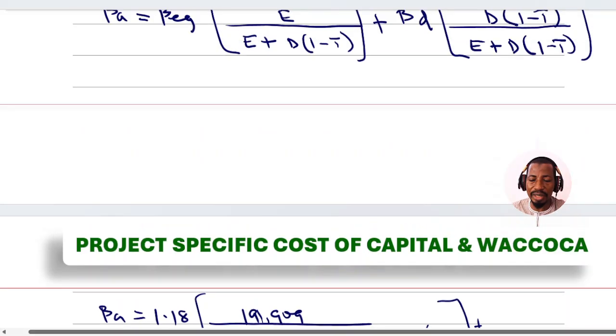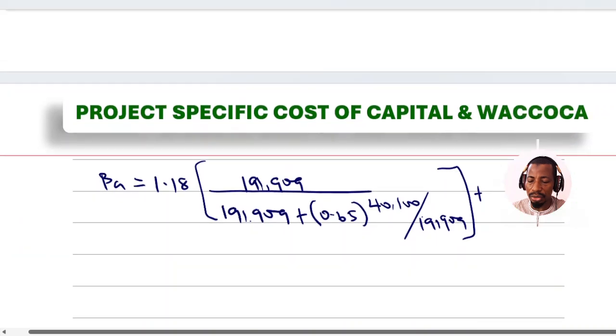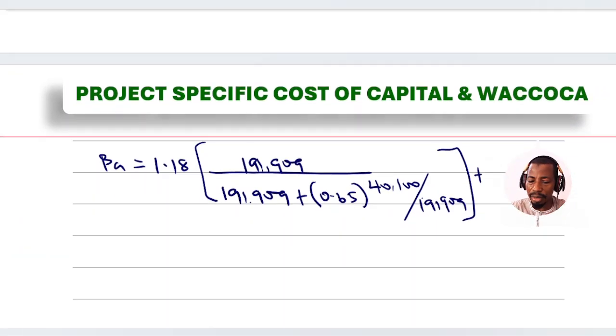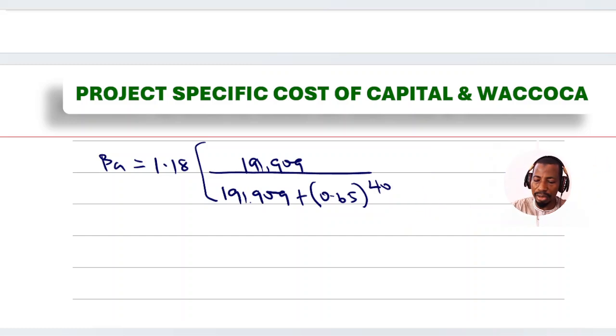Because we are given debt beta of the proxy company, debt beta of 0.4, here is 0.4 divided by debt value of 4100 multiplied by 0.65, 1 minus tax, divided by 191,909 plus. This will not be sufficient. Let me reduce the font size. That's too big.